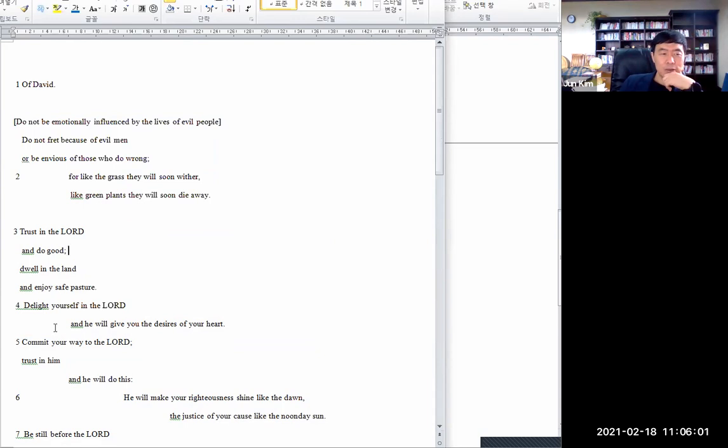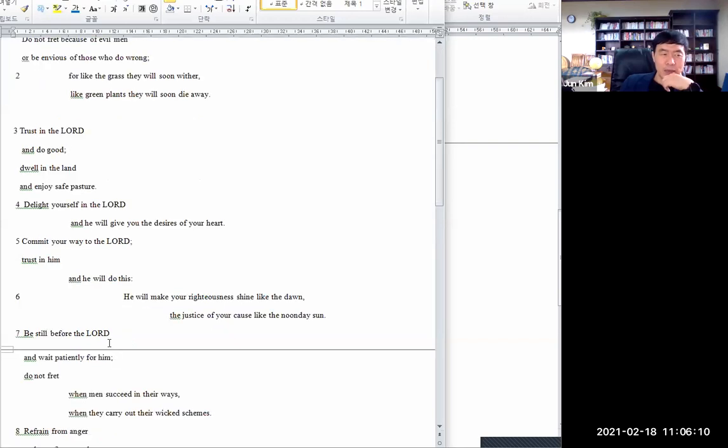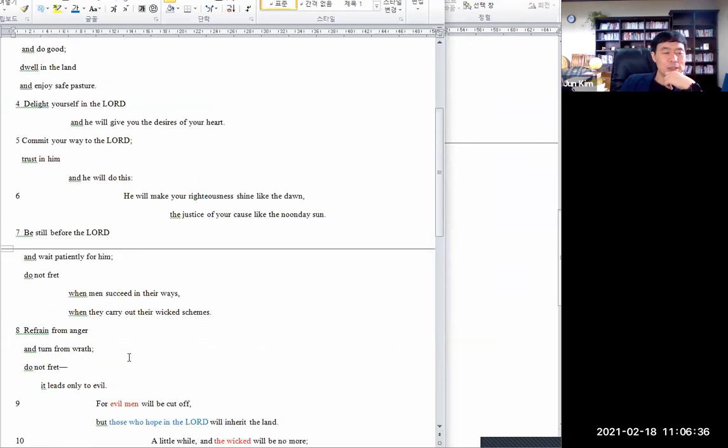Trust in the Lord, do good, dwell in the land, enjoy safe pasture. Delight yourself in the Lord, commit your way to the Lord. Be still before the Lord. Wait. What is the idea? Trust, dwell, enjoy, delight yourself, commit your way, be still, wait patiently, refrain from anger, and turn from wrath.